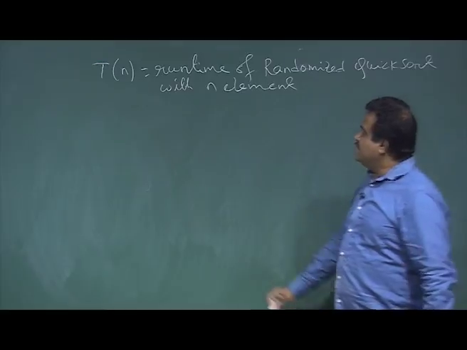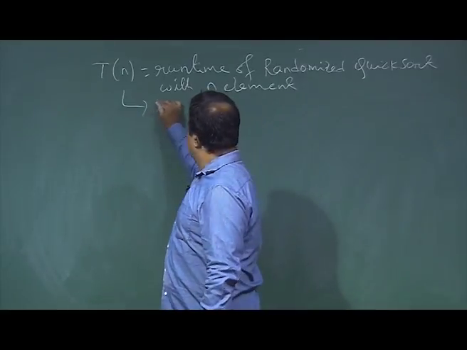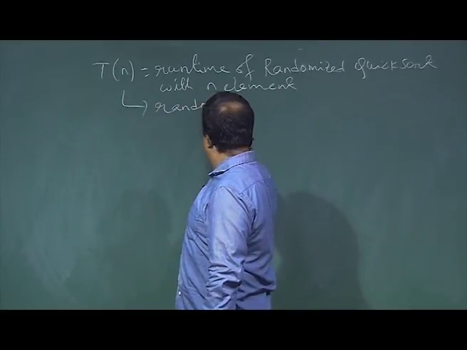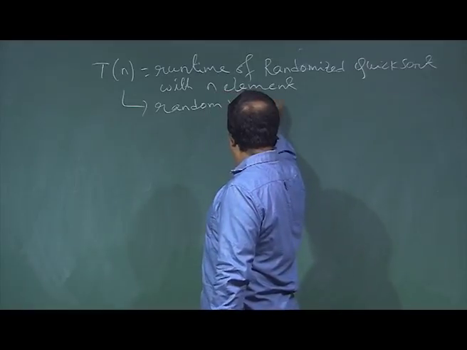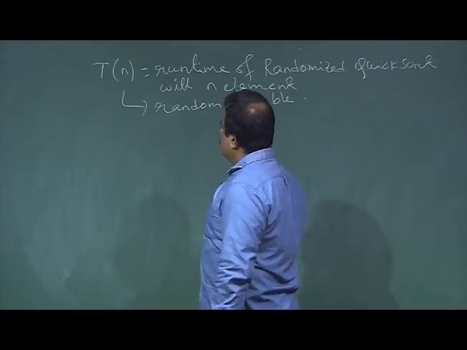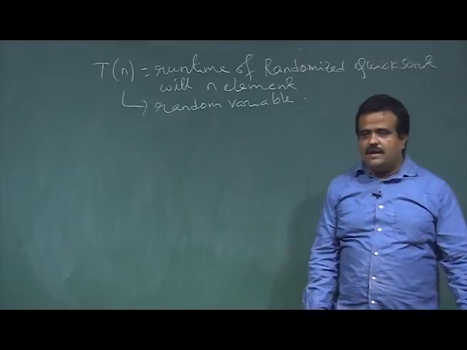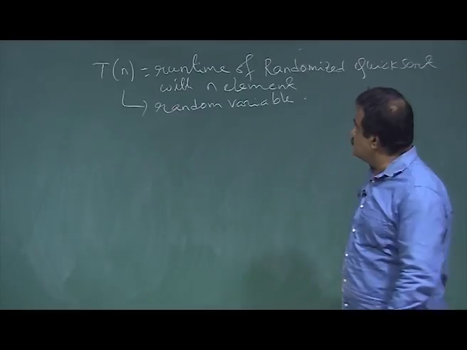Then Tn is basically a random variable, because Tn will depend on the input pattern. That is why it is a random variable.